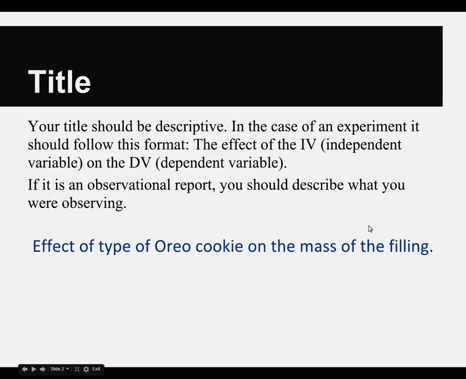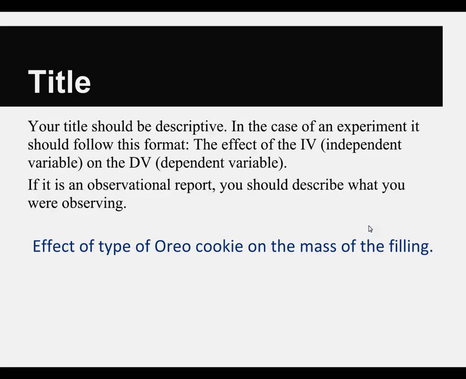It's very formulaic, and it's that way on purpose because the goal of scientists reading your lab report is to get the most information they can in the shortest amount of time. This title and this format, used universally around the world, tells researchers immediately what your entire lab report is about.